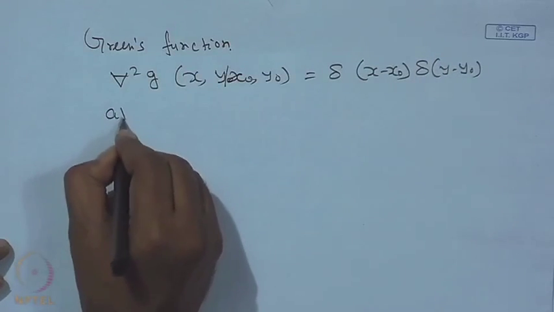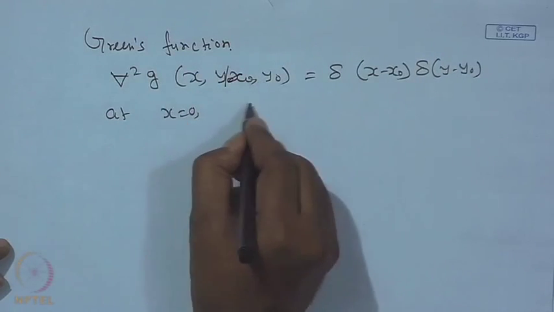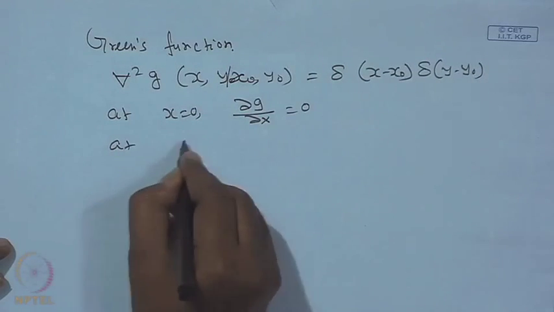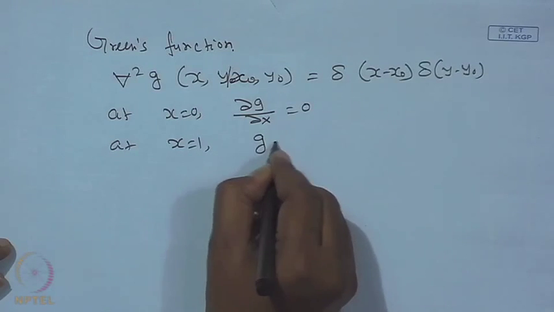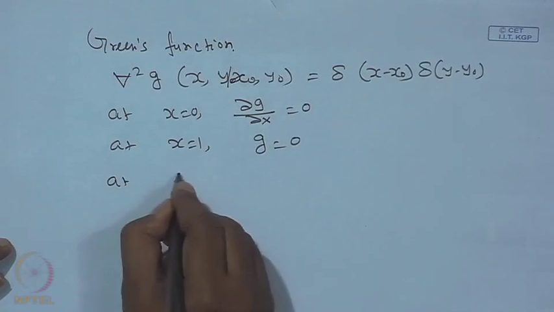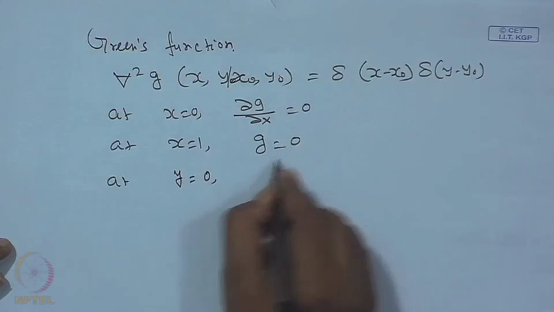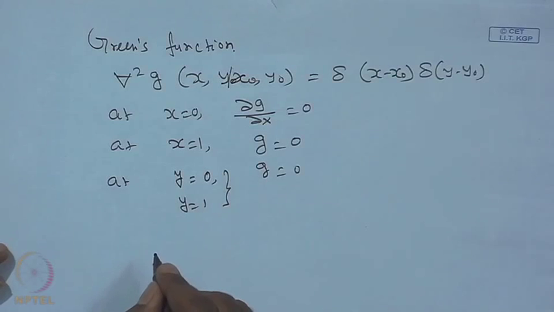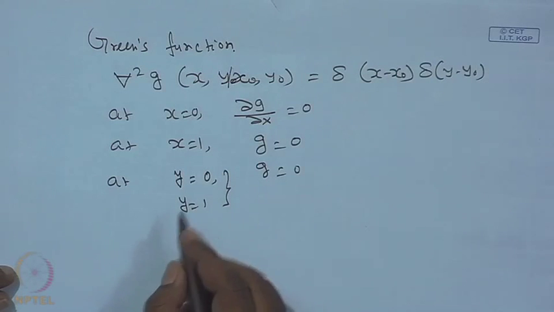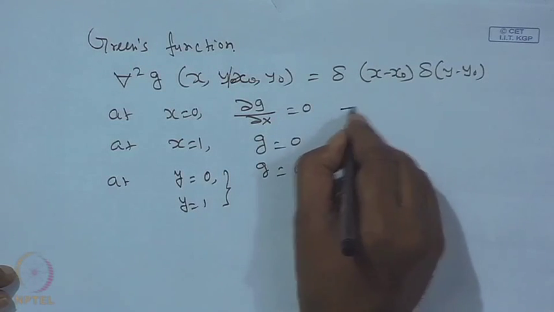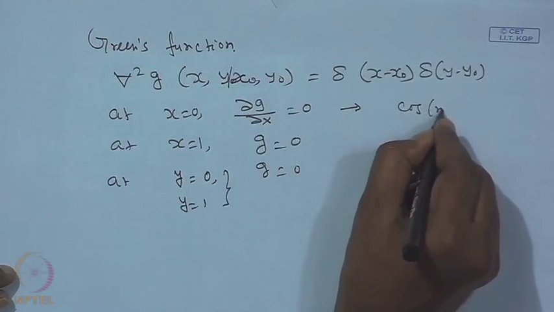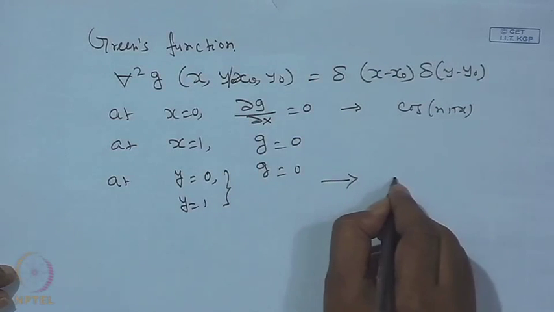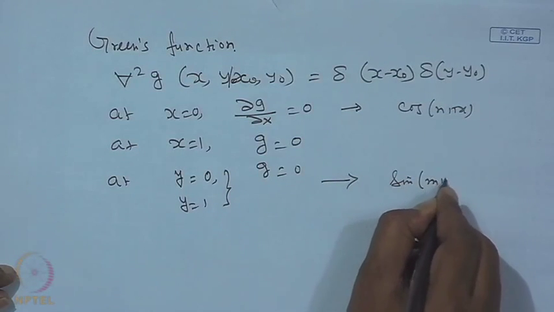So, at x is equal to 0, we should have del g del x is equal to 0, at x is equal to 1 we should have g is equal to 0, at y is equal to 0 we should have g is equal to 0, and at y is equal to 1 we should have g is equal to 0. So, therefore, the eigenfunctions in this case will be the cosine functions, cos n pi x, and the eigenfunctions in the y direction will be sin m pi y.